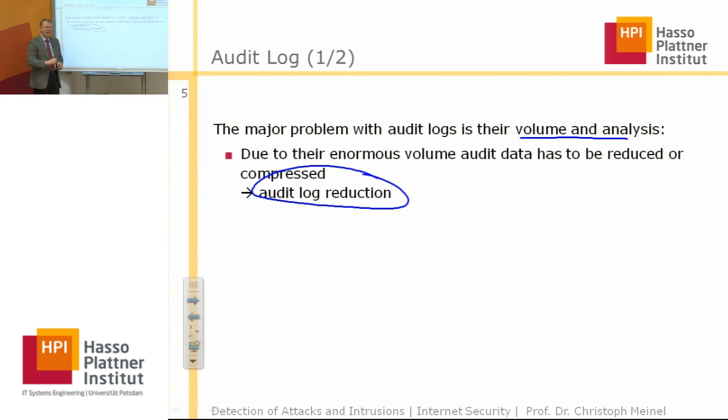Audit log reduction: I mentioned what kind of data needs to be collected because it can give hints about the behavior of a system with respect to security. But there is so much data, and of course this data needs to be collected and processed by the same machine that is used to solve the problem.